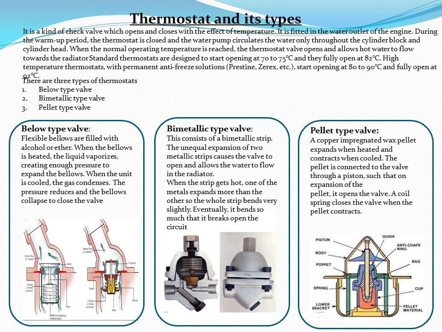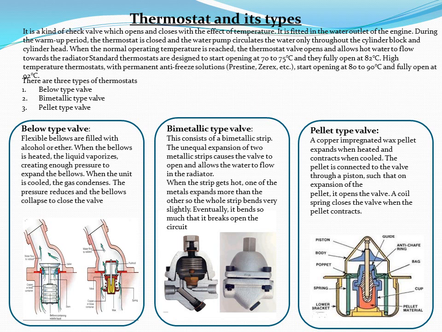There are three types of thermostats: bellows type valve, bimetallic type valve, and pellet type valve. Moving to the first type, the bellows type valve: a flexible bellows is filled with alcohol or ether.